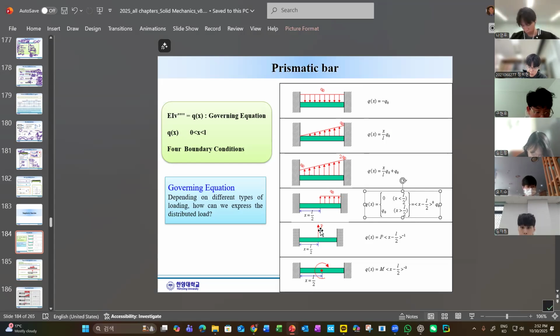And also a concentrated load, this is one important point. Concentrated load is not the same order as a distributed load. So mathematically, we can use the delta function. Well, delta function, I know it is not the conventional mathematical equation, but here it is just for expression simplicity.